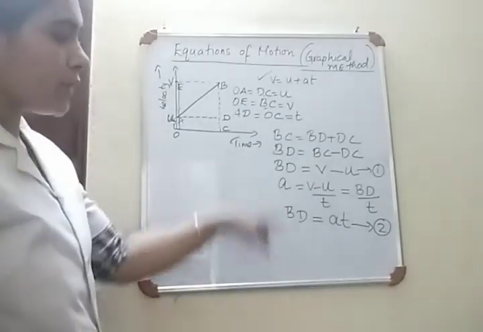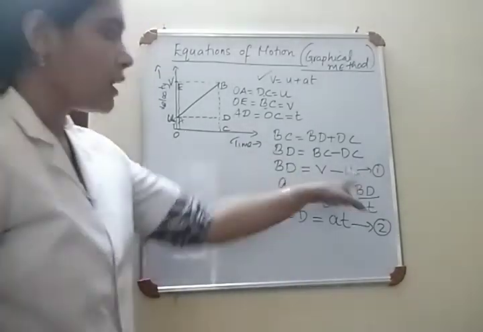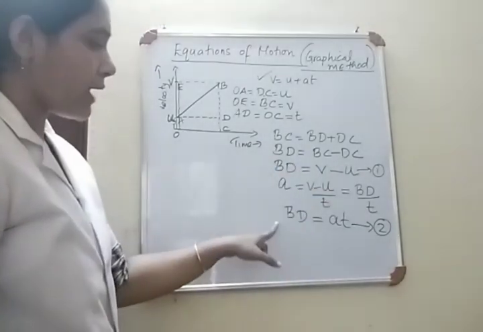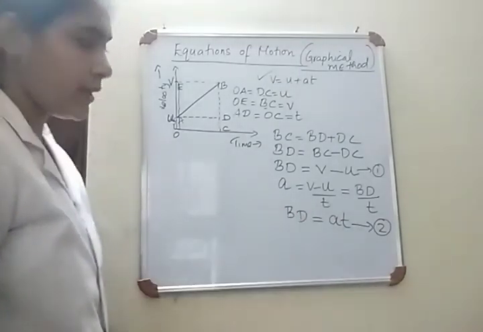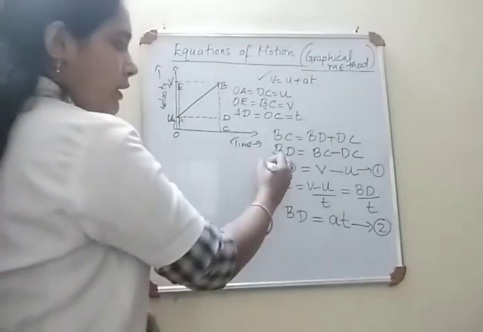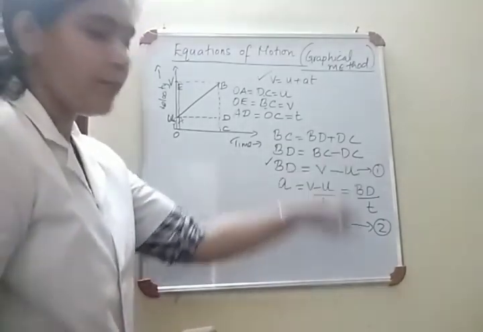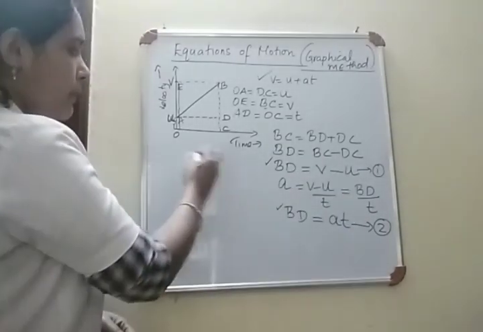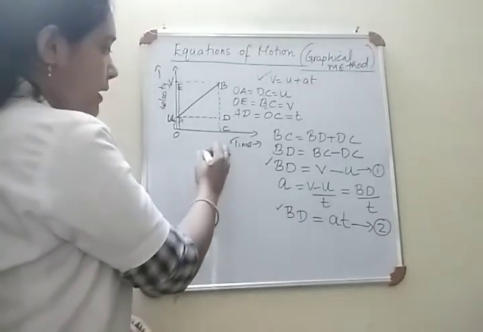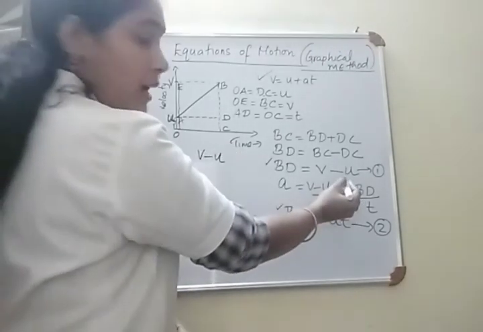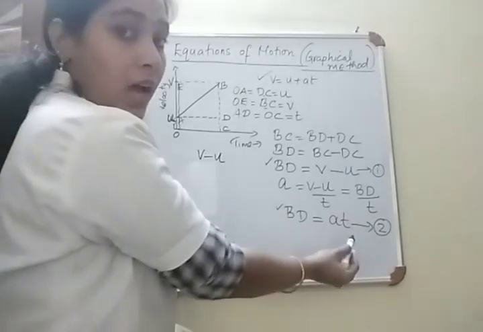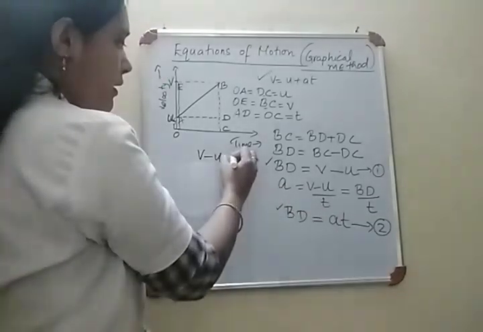So we got two expressions for BD. One is BD equal to V minus u, and the second one is BD equal to AT. So the LHS of equation 1 and equation 2 is the same, so we can equate the RHS part. The RHS of the first equation is V minus u, and the RHS of the second equation is AT.